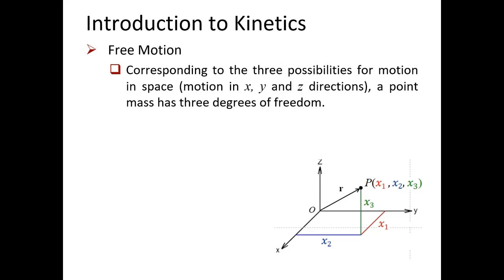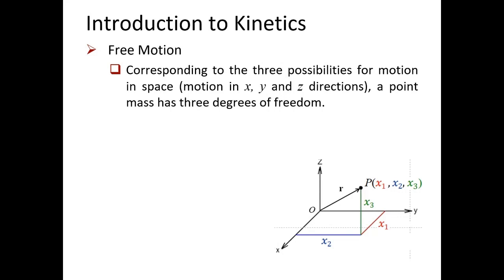We want these various components of machines to move in a desired way, not just moving from one place to another place freely. So we want to get something useful work out of that motion. That is the whole point of engineering. The free motion is a very general type of motion where the object is given total freedom to move in space.